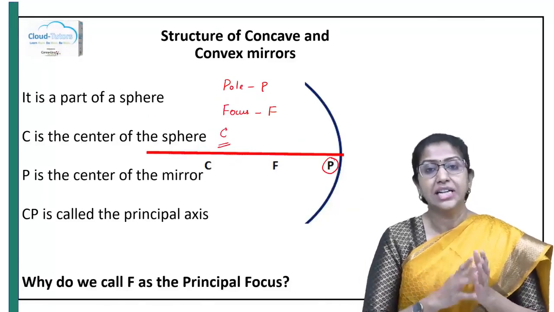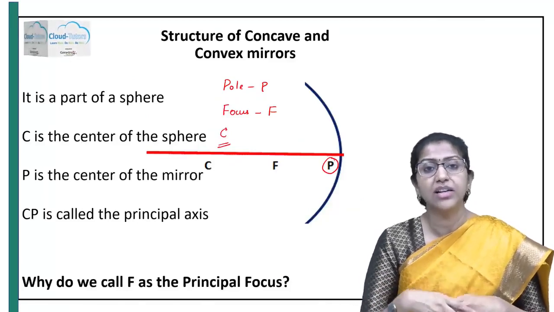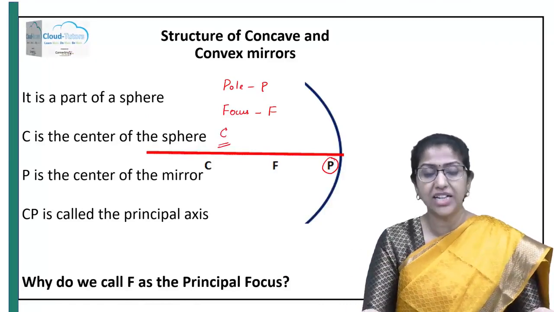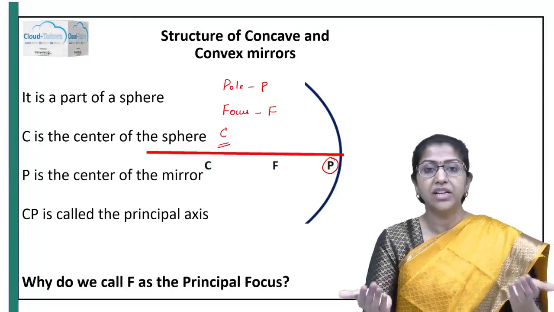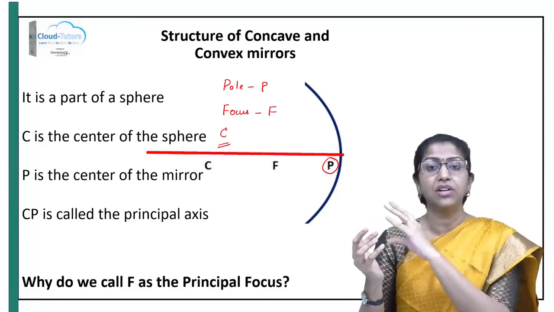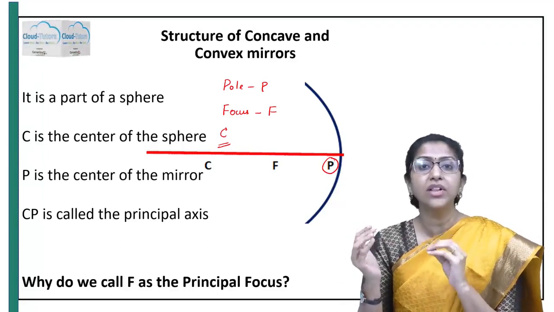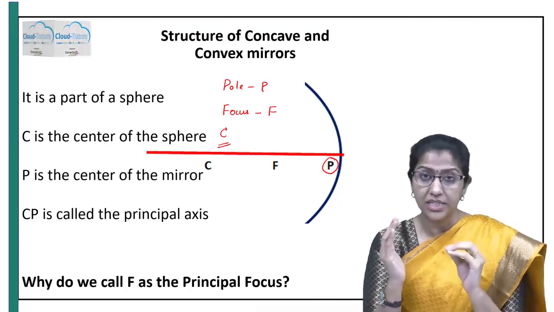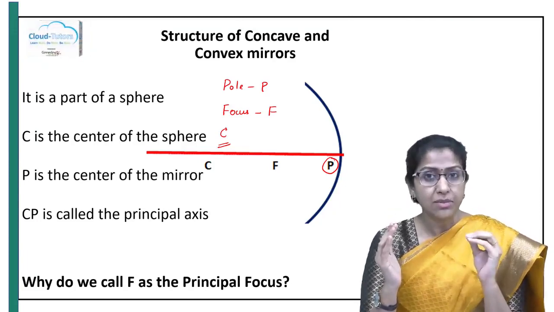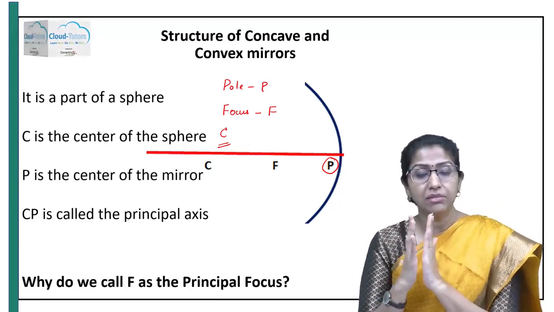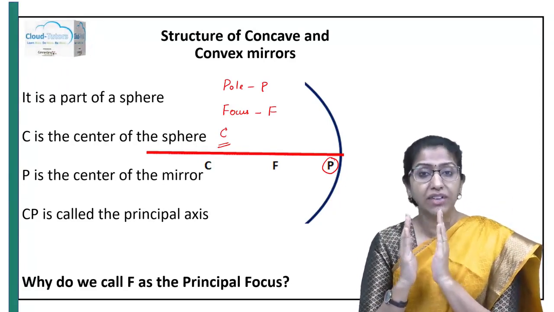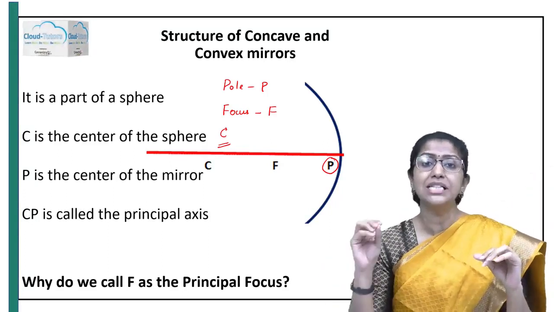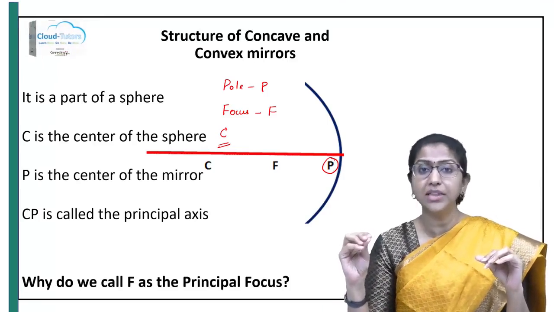Now that we have defined center of curvature and radius of curvature, let's look at what is principal focus. As you already seen in the picture, in the case of concave mirror, the light rays tend to intersect or converge at a single point on the principal axis of the concave mirror. Hence, it is called as the principal focus. Similarly, when you look at the convex mirror, all the rays of light that are falling onto the convex mirror, which are getting reflected, appear to come from a single point behind the mirror on the principal axis.